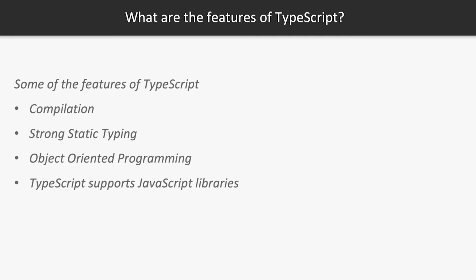What are the features of TypeScript? Some of the features of TypeScript, the first important one is compilation. JavaScript is an interpreted language. It needs to be run to test that it is valid, so you can face the problem in real time, which is not very professional and can cause a lot of problems.